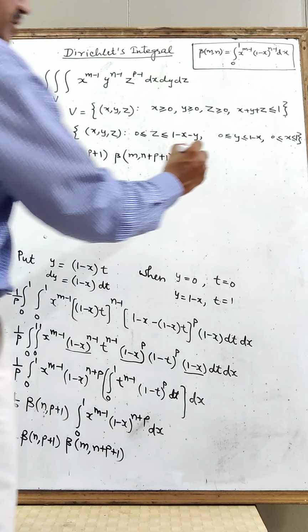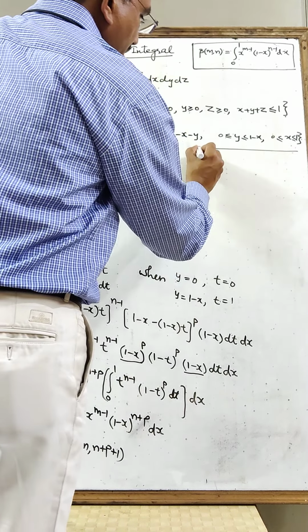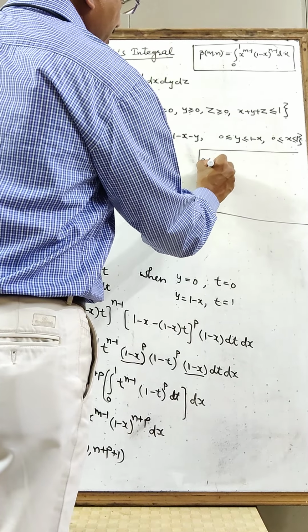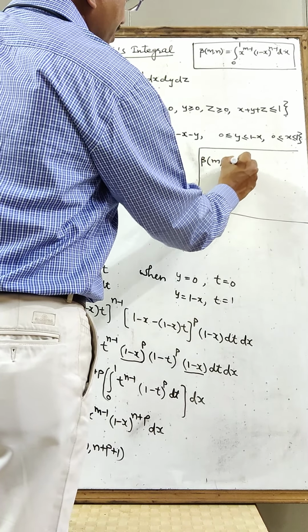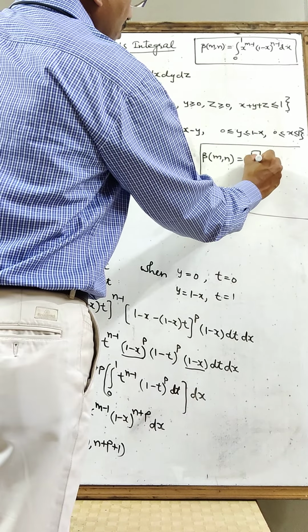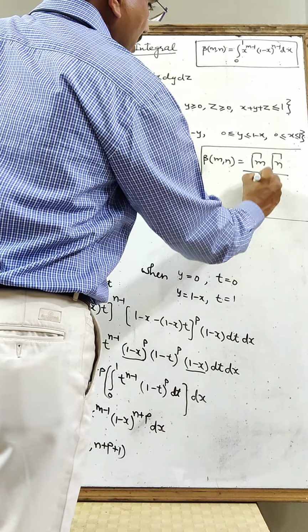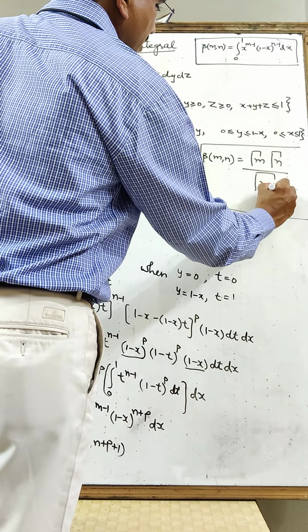Now we know the relation between beta and gamma function, and what is that? That beta of m, n is equal to gamma of m, gamma of n over gamma of m plus n.